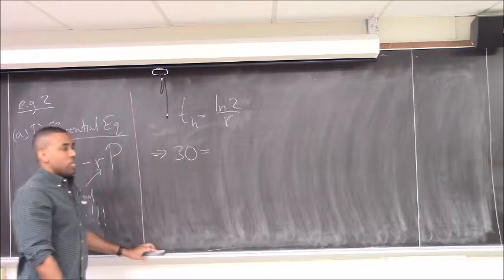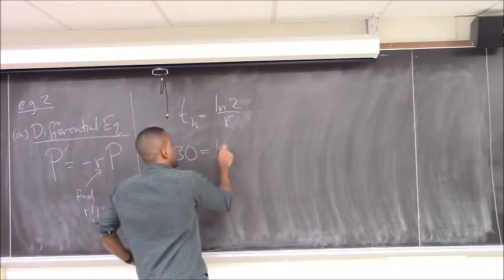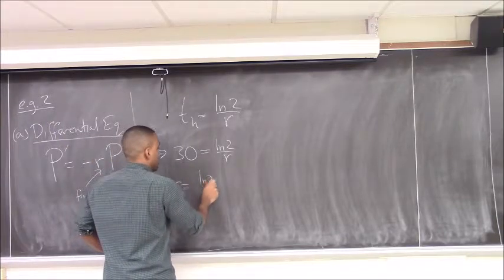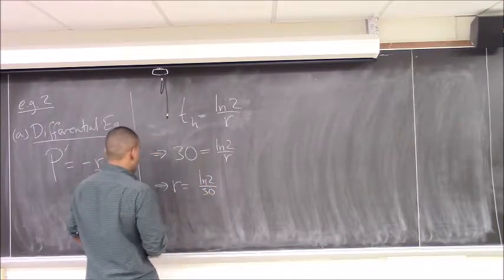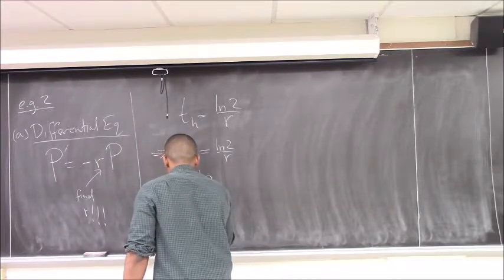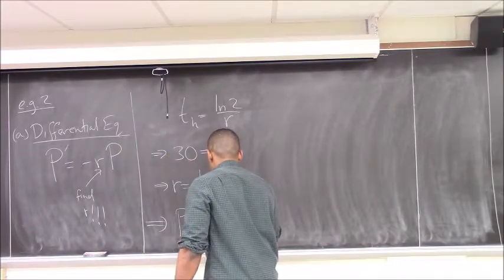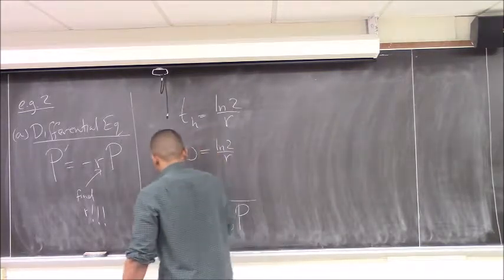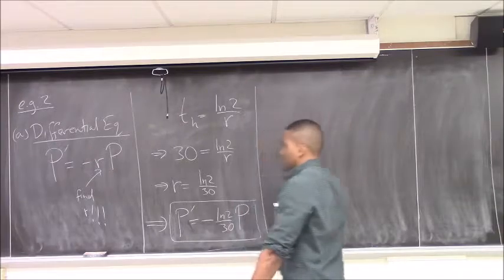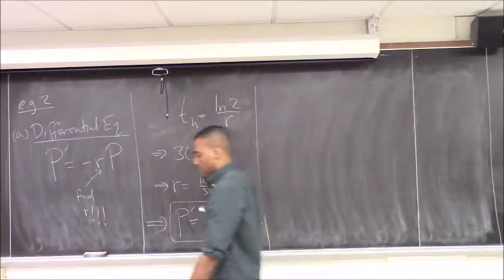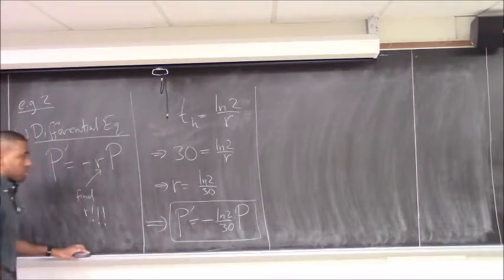So t is, I'm measuring time in years, so 30 is equal to ln2 over R. This means that my R is going to be ln2 over 30. Which means the differential equation is P prime equals minus ln2 over 30 times P. So R and P naught are things you have to find and plug into these formulas.